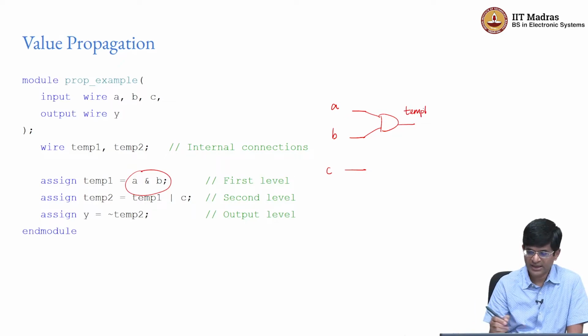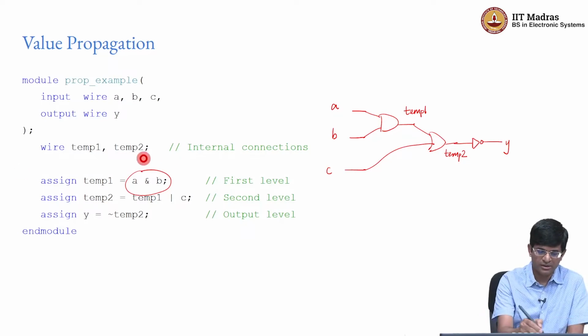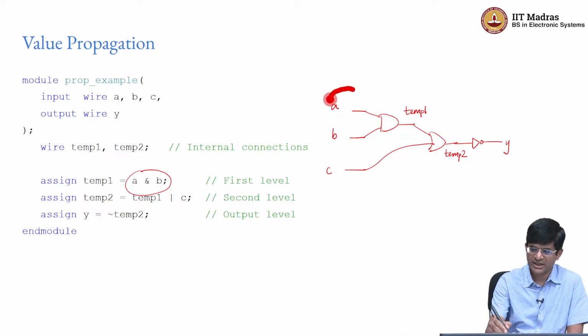What do I do after that? I take temp1, I OR it with C, and I get temp2 as the result. And finally what I do is I negate that and I get Y.